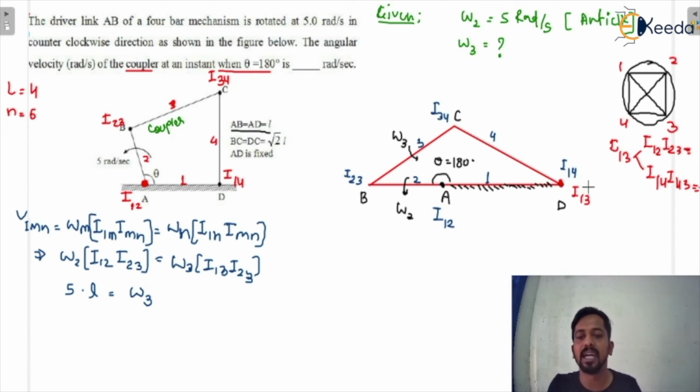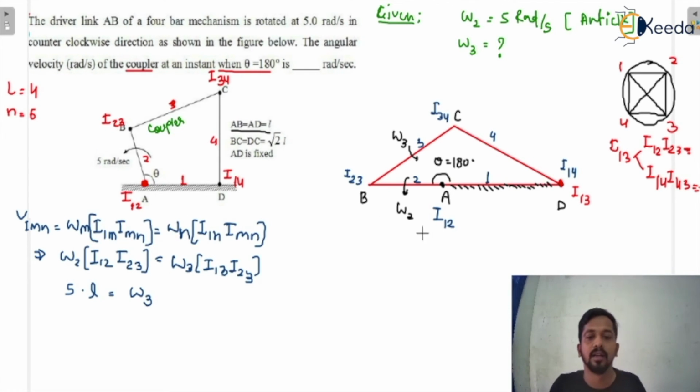I13 means the center of relative motion between link 1 and link 3. Now we have to calculate the distance between I13 and I23. Here AB is L, and in the question it is given that AD is also L. So if this is L and this is also L, we can write it as 2L.